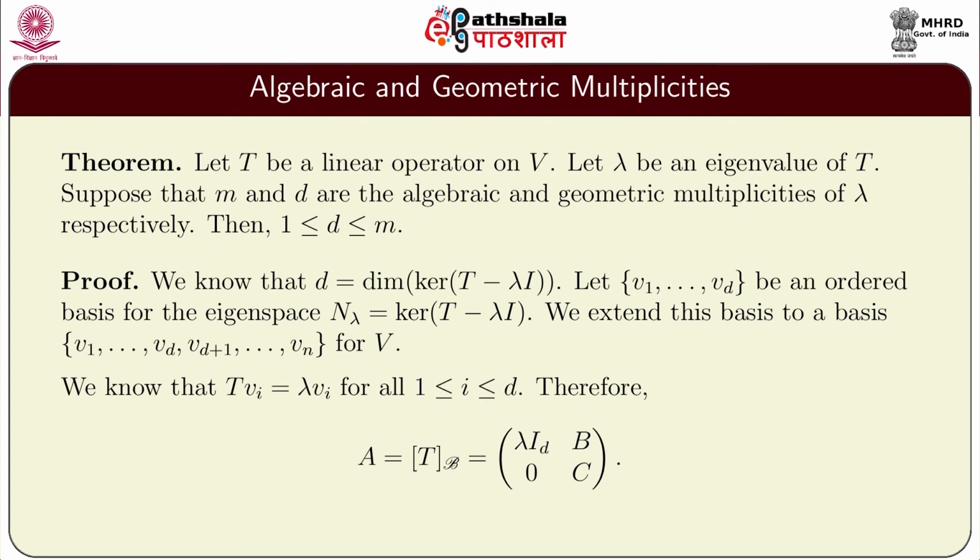So, that lambda is of course the eigenvalue lambda, and that top left block is coming from the basis vectors v1, v2, ..., vd. Remember that we have taken an ordered basis, and the ordering is that v1, v2, ..., vd appear first, followed by vd plus 1 and so on up to vn.